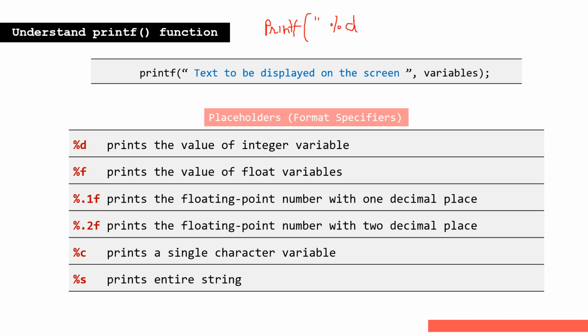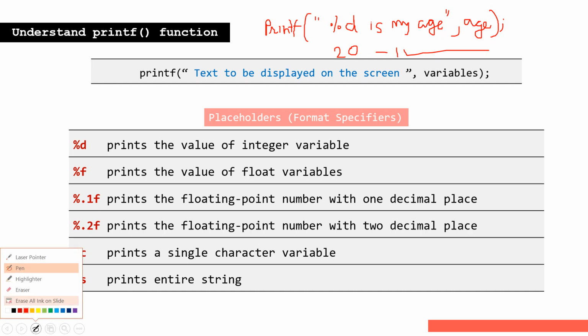In that case %d will be put over here: "%d is my age", double quote complete, comma, and here the age variable, followed by a semicolon. So this will print 20 is my age. Depending on where you place the placeholder or format specifier, you can print the desired output.